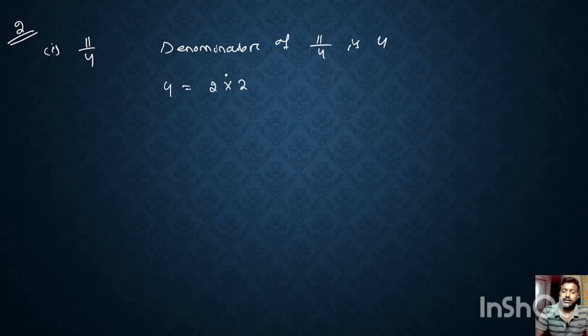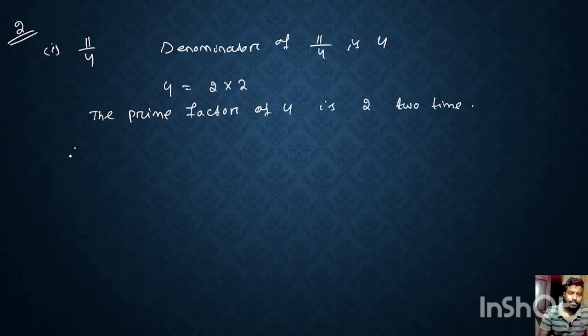So here is a product of only 2s. So that's why it is a terminating decimal representation. So we can write the prime factorization of 4 is 2 times 2. That's why 11 by 4 has a terminating decimal representation.